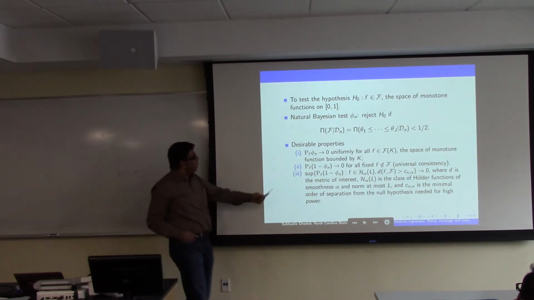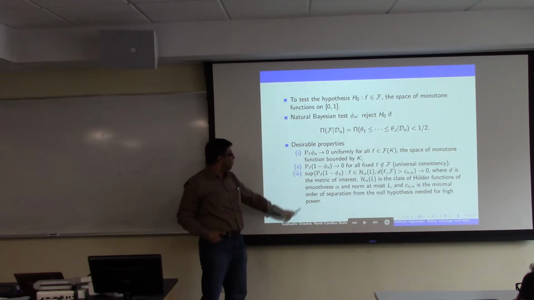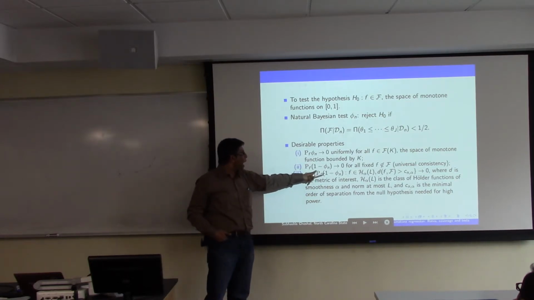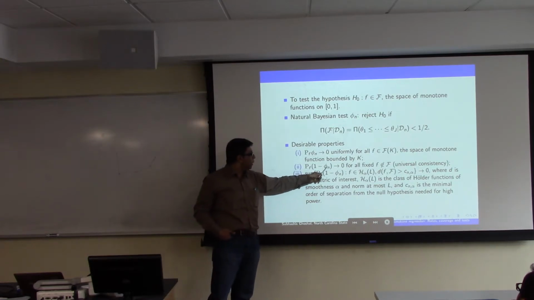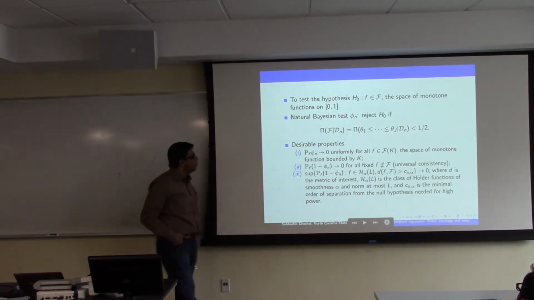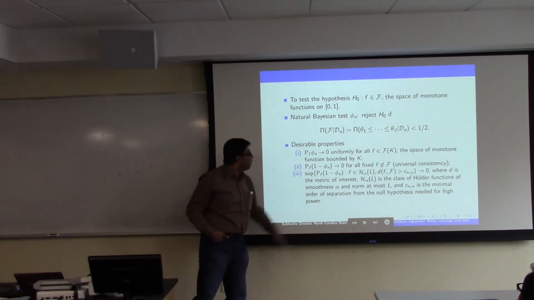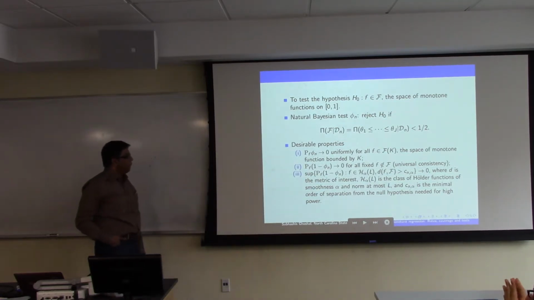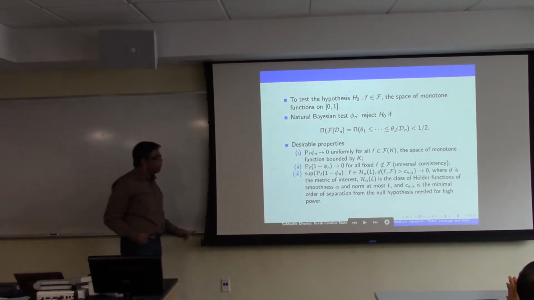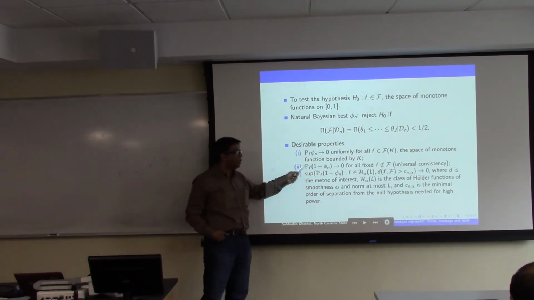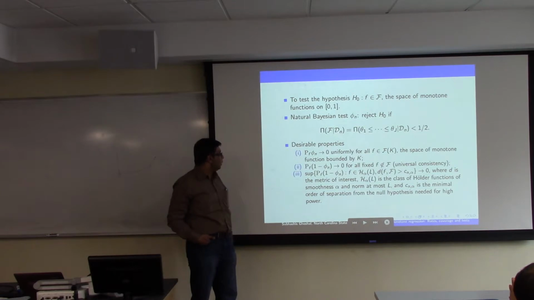And you also want universal consistency. By that I mean, if you have any fixed non-monotone function, then the power at that should go to 1. So the type 2 error should go to 0 for any fixed alternative. No assumption on smoothness or anything, it's just universal.